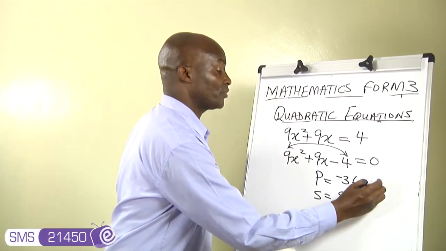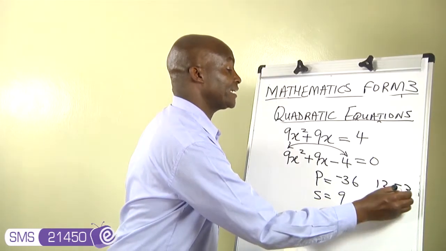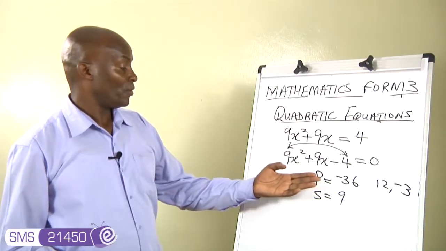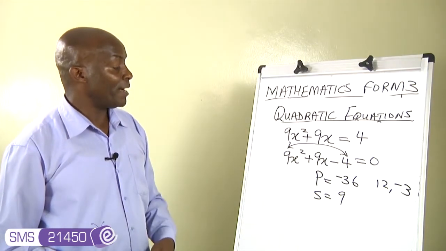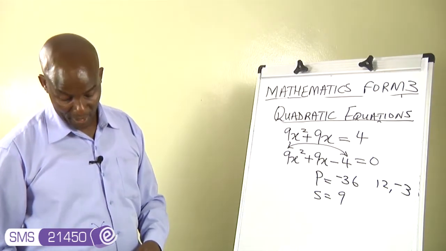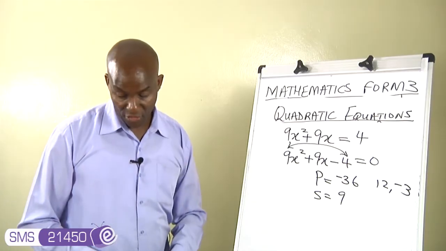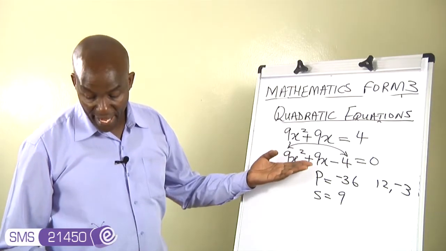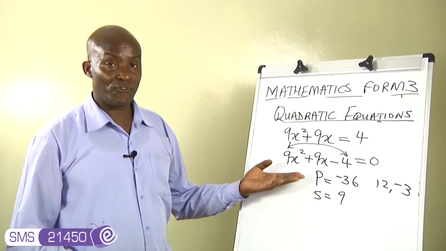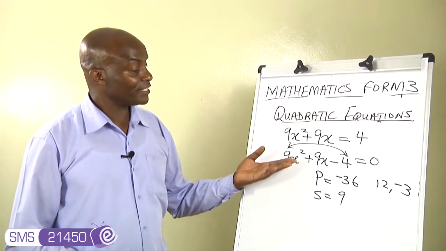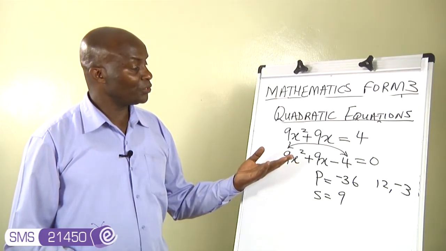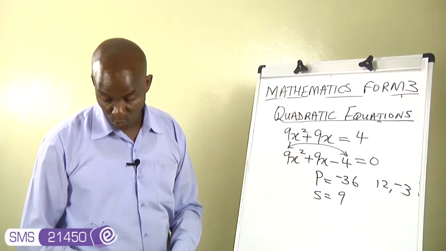So this one will work, and therefore we can solve this by factor method. There are questions that can be solved by factor method, and there are others that may not be solved by factor method. In that case, you use the method of the quadratic formula.